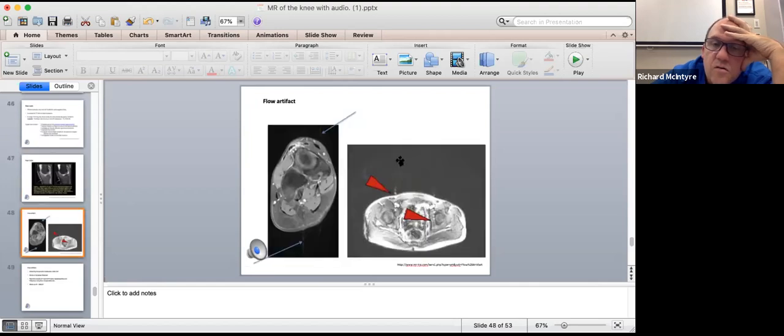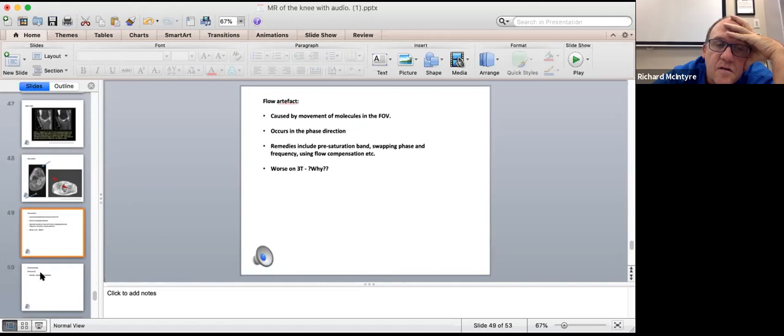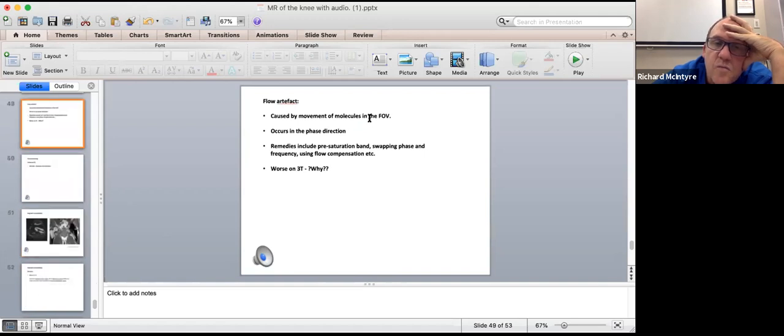Flow. Okay, we should know by now that flow occurs in the phase direction. So we know that the phase in this sequence is AP, and we get that pulsation artifact, caused by movement of molecules in the field of view, occurring in the phase direction.